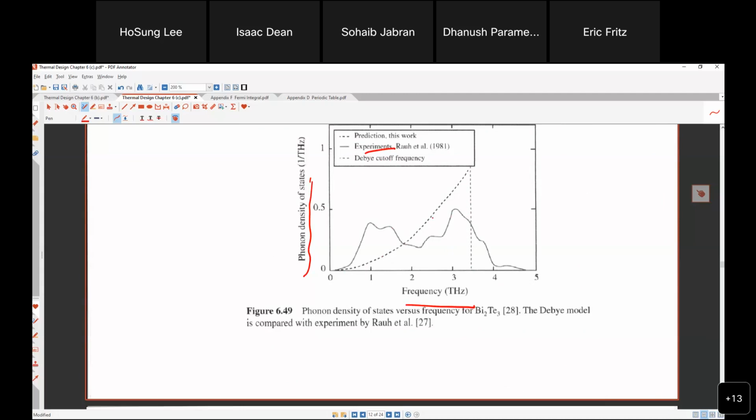So this is a real measurement, but the Debye assumption, since it's integral, this is real, but here the high frequency is less than the prediction, but the low frequency is more because of optical.